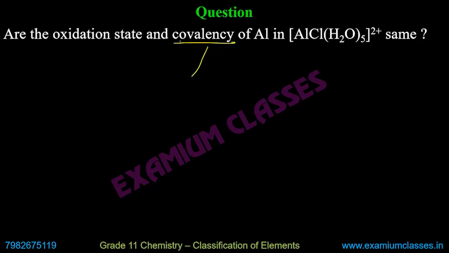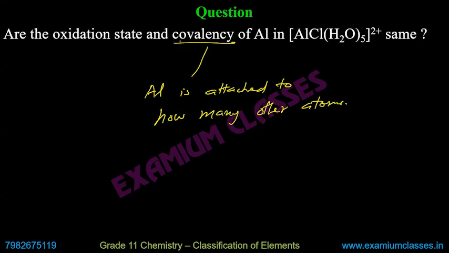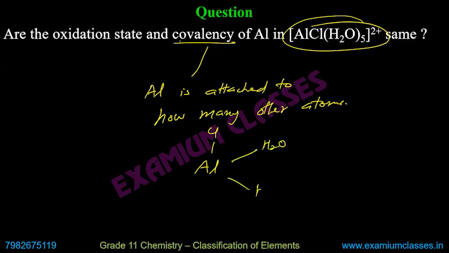Covalency is, in this case, aluminum is attached to how many other atoms. These atoms might be of some other molecules, for example, atoms of H2O. So if you consider this one, in this case, aluminum is attached to 1 chlorine and 5 H2O.